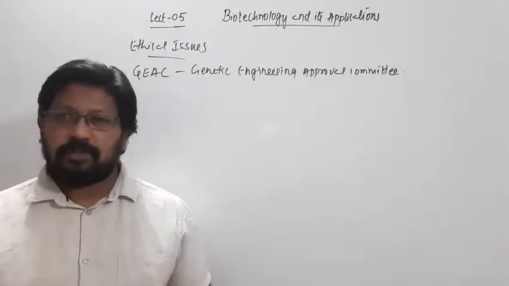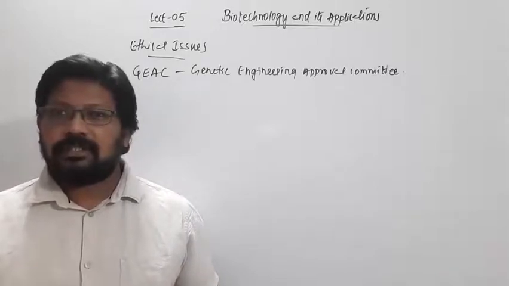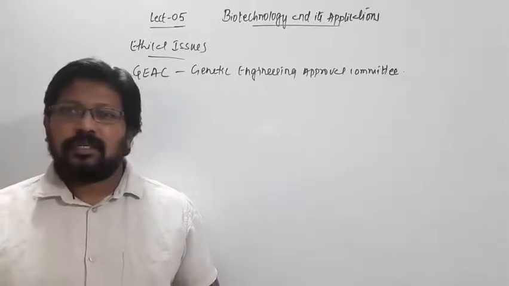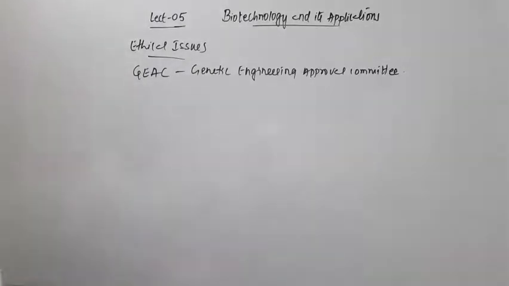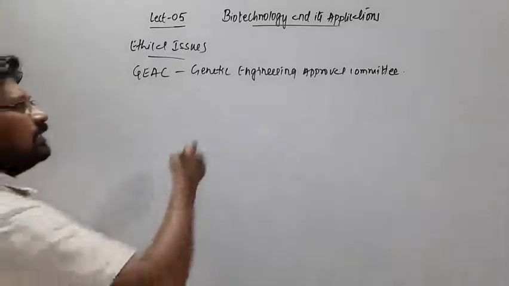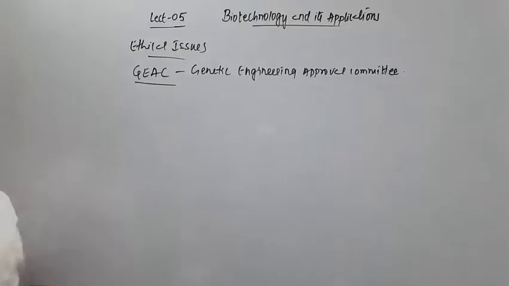So we need to put a proposal first if we want to do research, and they will go through that research, and whether it can be done or not will all be decided, and they have some rules and regulations to be followed. So that is the GAC, Genetic Engineering Approval Committee. This will make decisions regarding all genetically modified organisms research, and the safety of introducing those organisms for public services, all that will be under this GAC, right?